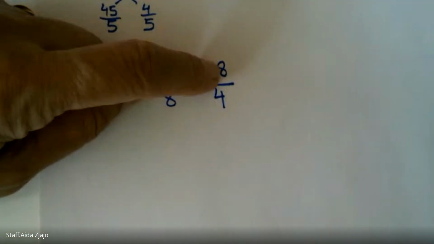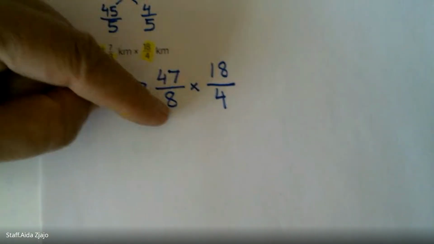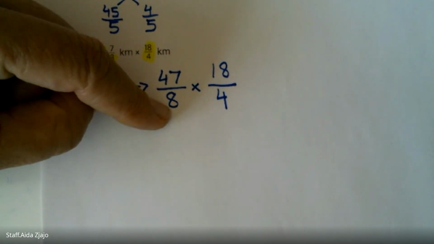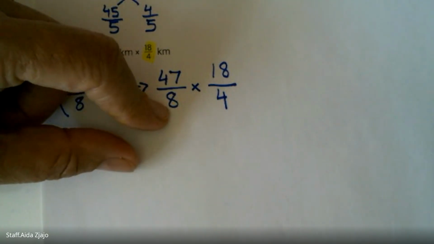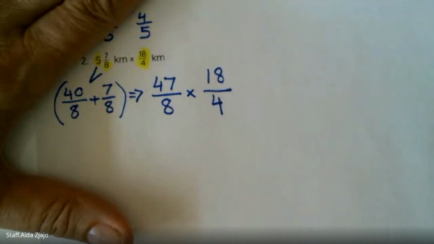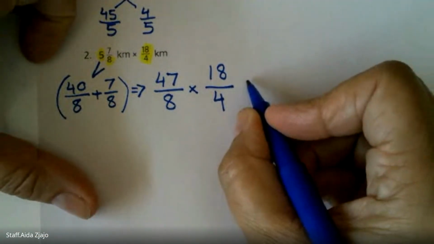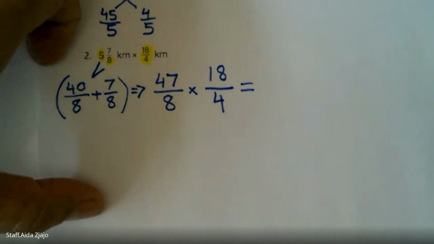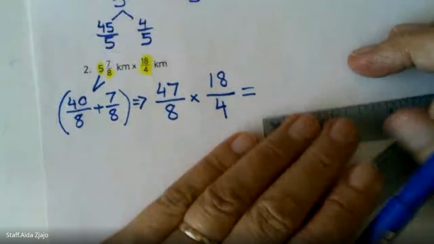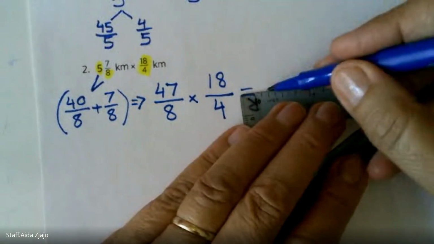So I can divide this by 2 and this by 2 and simplify there. If you are wondering why that works, I'm going to show you. The commutative property in multiplication works.